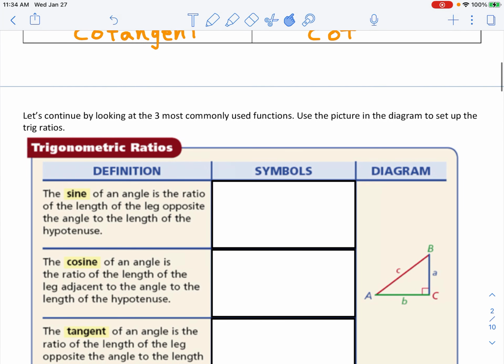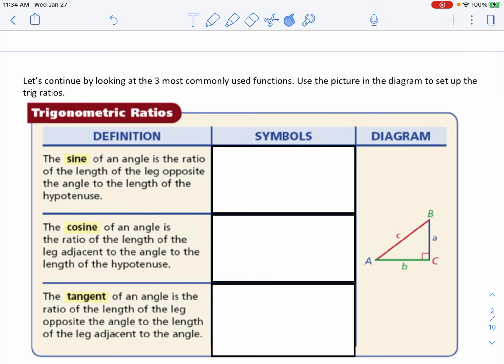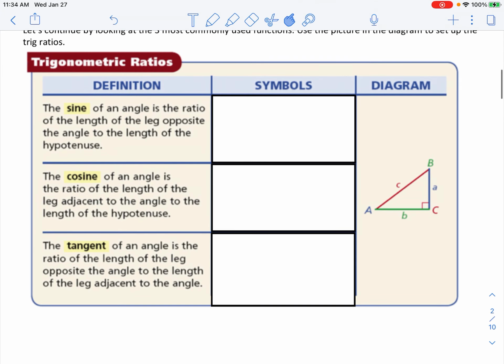Let's continue by looking at the 3 most commonly used functions in the picture.